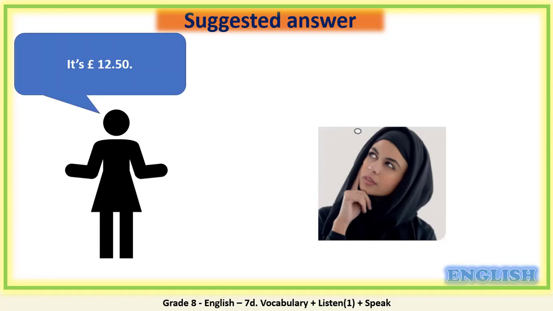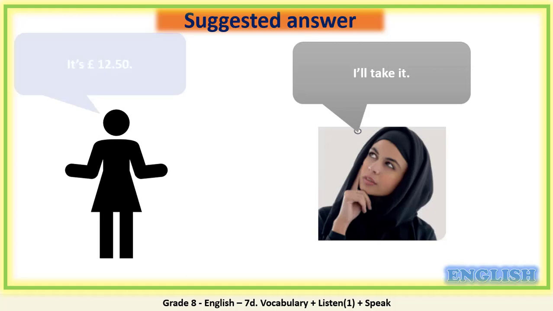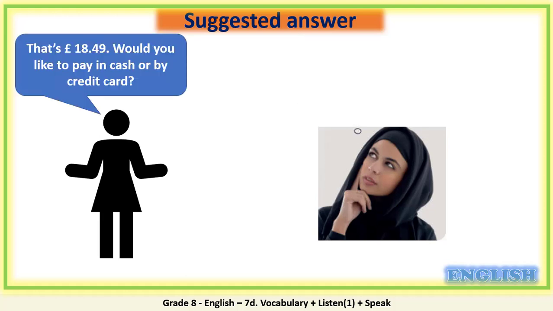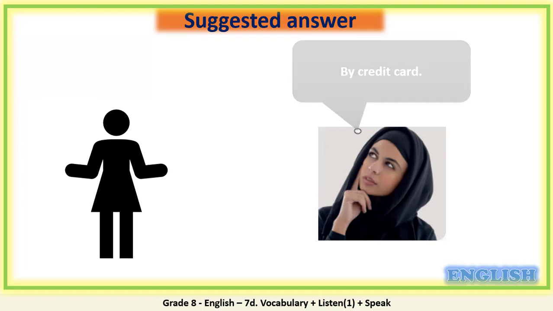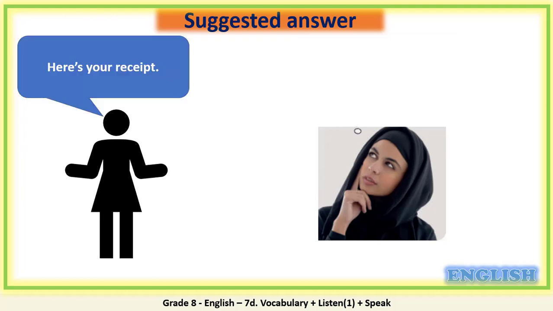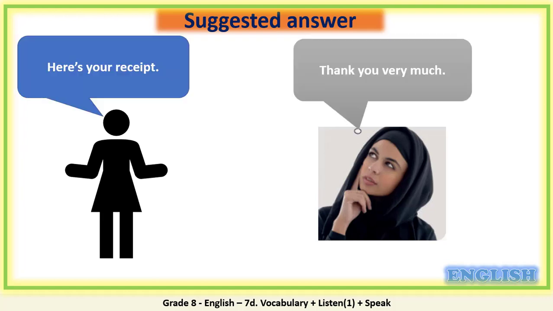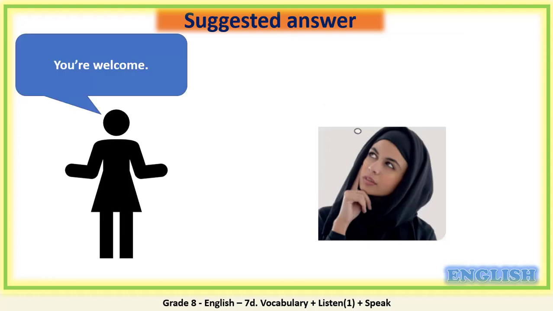"It's £12.50." "I'll take it." "That's $18.49. Would you like to pay in cash or by credit card?" "By credit card." "Here is your receipt." "Thank you very much." "You are welcome." This is the end of the dialogue.